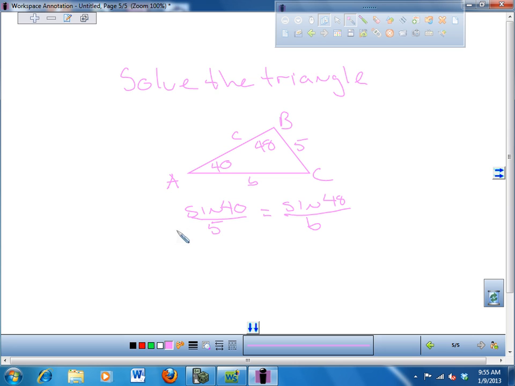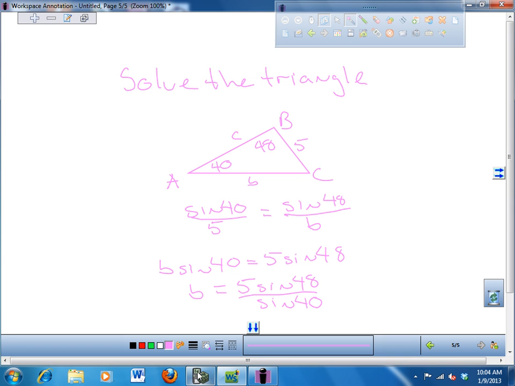So you get B sine 40 equals 5 sine 48. Don't multiply the 5 times the 48. 5 is times sine of 48, because it's sine of that. And then you divide both sides. You don't want to plug things into your calculator until the very end. So B equals 5 sine of 48 divided by sine of 40.